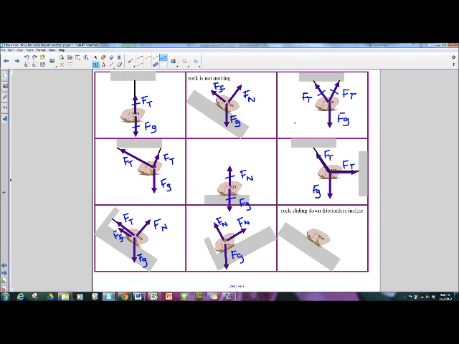And in the last one, rock sliding down. Now it says frictionless incline. So it will still have force of gravity. It's being supported by a surface. There are no strings and there is no friction. So that's all you have for forces in this picture.